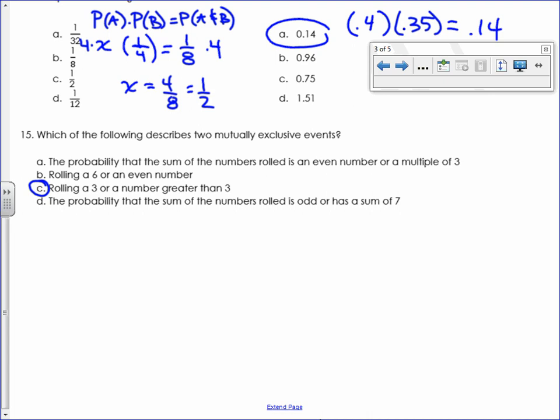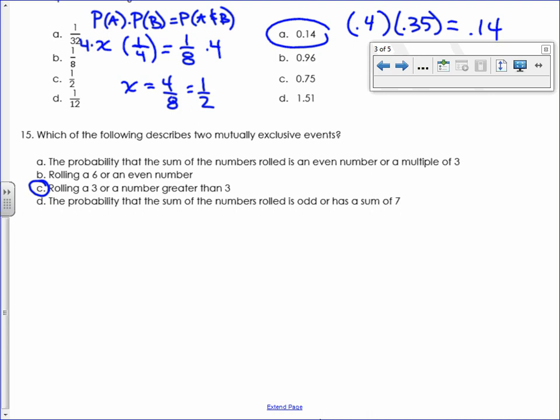It's asking which two can't be true at the same time. It's not an equation. It's just thinking about it. If I ask you for the probability, that's for "or."